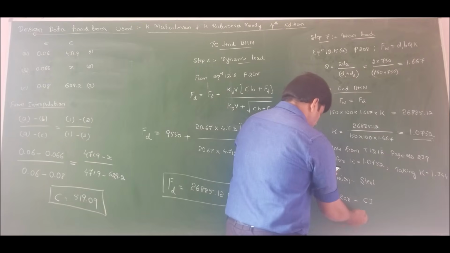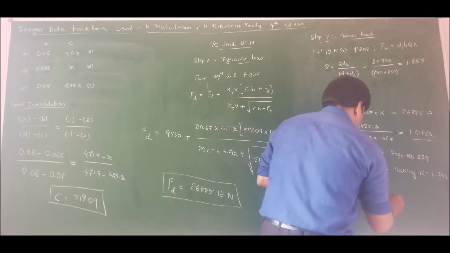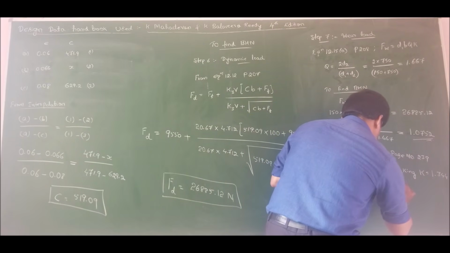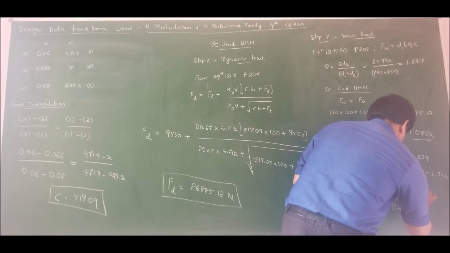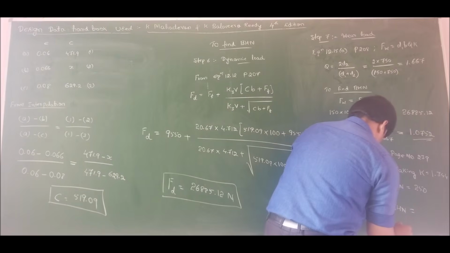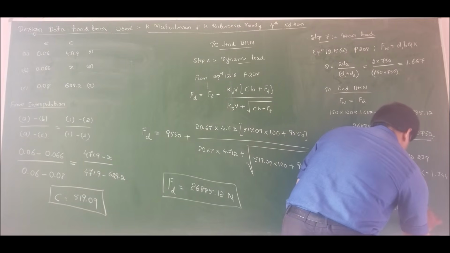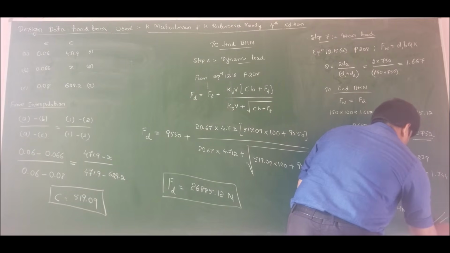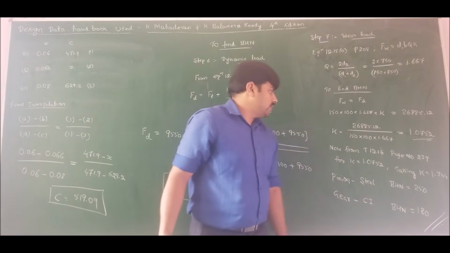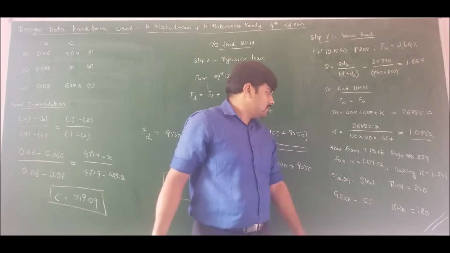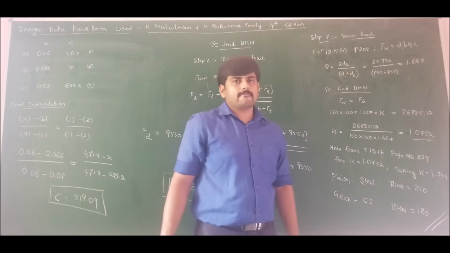For steel and cast iron, the BHN of pinion will be 250 and the BHN of gear will be 180. So the BHN of the steel pinion is 250 and the Brinell hardness number of the gear is 180.